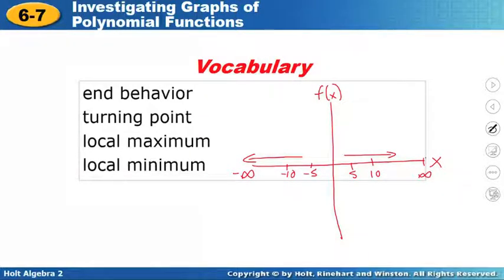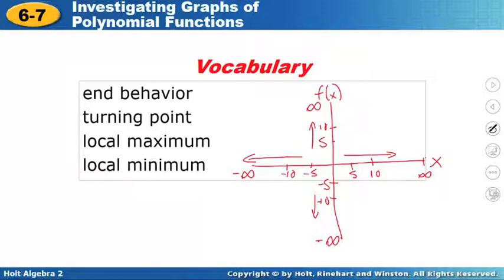Of course, the same thing could be true for the f of x scale, your y-axis. As you move down, -5, -10, towards smaller and smaller numbers, you're going to get closer and closer towards negative infinity on that axis. And of course, same thing if you move up, right? If you go upwards, you're getting to bigger and bigger numbers, you're going to be approaching positive infinity for that scale.